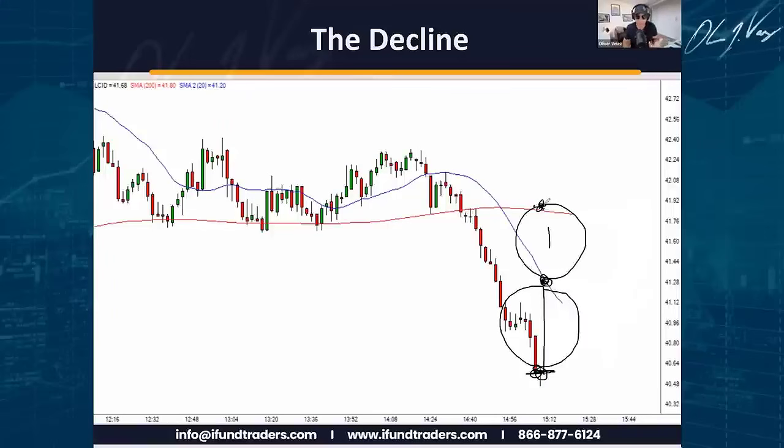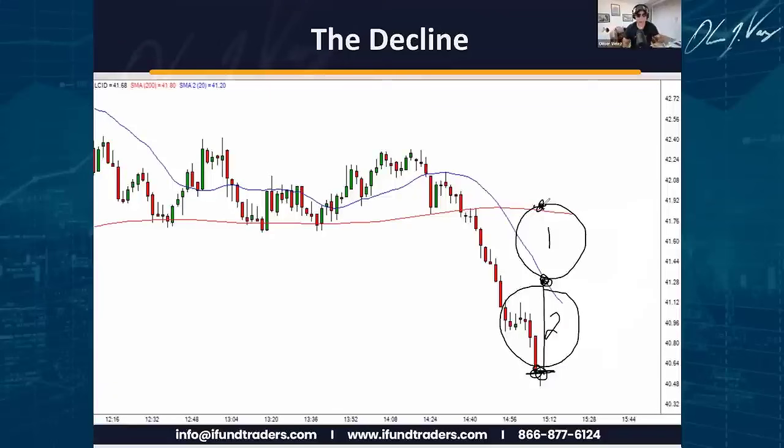Space 1, space 2. A dual space bottom is the most powerful bottom of all. It is the number one technical sign that the sellers have largely gotten all of their selling or most of their selling done.